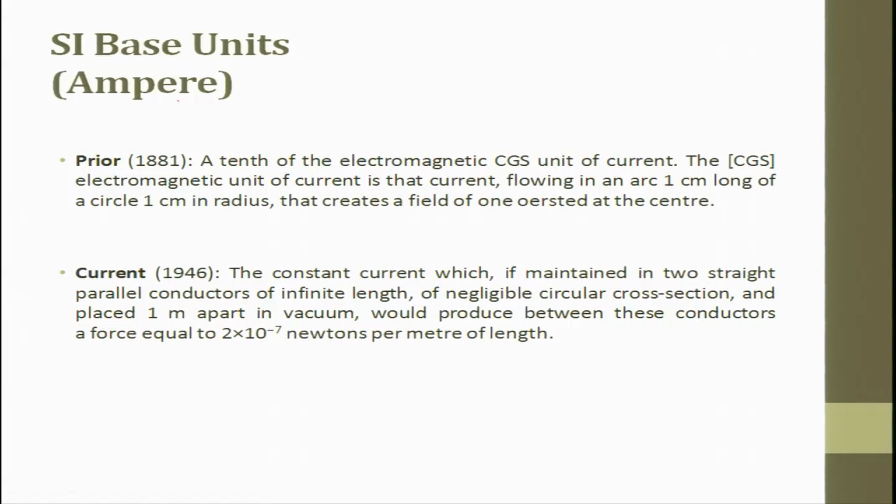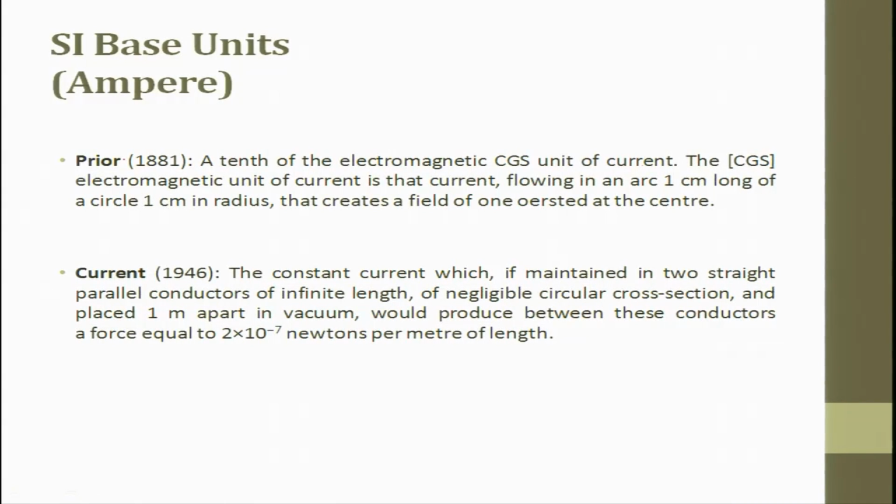Same way for ampere, for current. Prior, in 1881, it was defined as a tenth of an electromagnetic CGS unit of current. The CGS electromagnetic unit of current is that current flowing in an arc 1 centimeter long of a circle 1 centimeter in radius that creates a field of 1 oersted at the center.